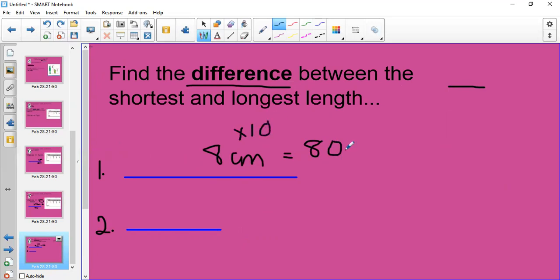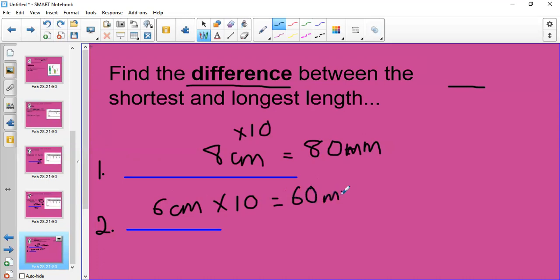That's 80 millimeters, just in case the question asks us. And let's estimate this line is 6 centimeters. And in case the question asks us in millimeters, we just know that we need to times 6 centimeters by 10 to get 60 millimeters.